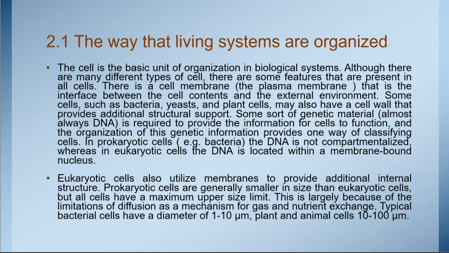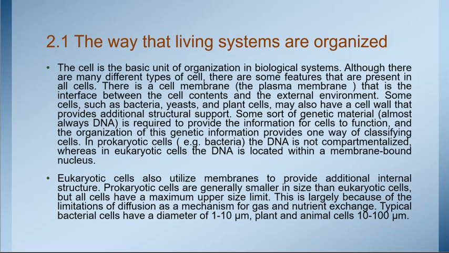Some sort of genetic material, almost always DNA, is required to provide the information for cells to function, and the organization of this genetic information provides one way of classifying cells.